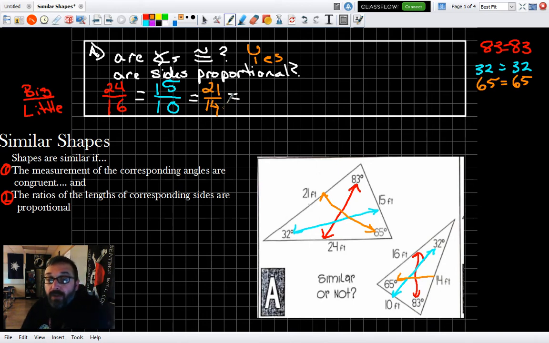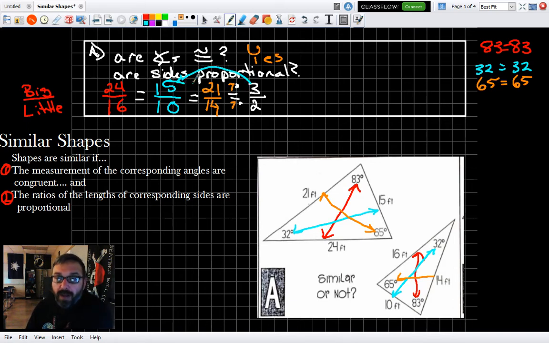Well, I can reduce the top and the bottom by 7. So I'm going to write my 7 here and here. And then I'm going to say, so what times 7 is 21? 3. What times 7 is 14? 2. Okay, so I now know the top and bottom are the same proportion. It's the same multiplication that I'm doing. So those are proportional. Now I need to look at the next one.